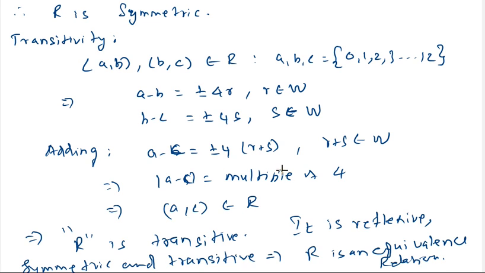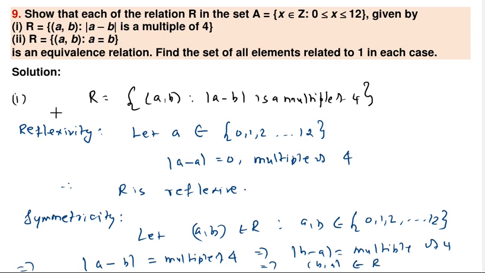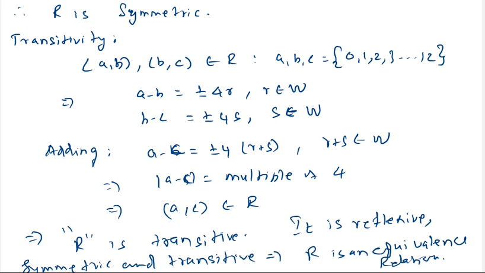Okay, so dear student, in the first case we have shown the relation is an equivalence relation. Let us check the second case, R equals A comma B, where A comma B belongs to the set 0 to 12. So let us discuss the second case.